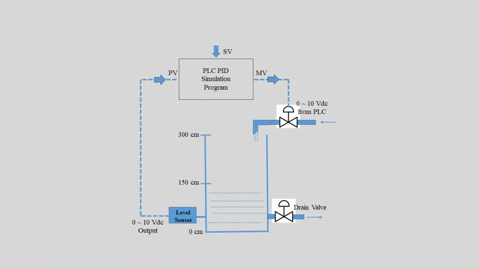In this video, we will create a PID program to control the liquid level of a tank of 300 cm height. The tank is equipped with a level measuring sensor which measures the tank height from 0 to 300 cm and makes a 0 to 10 volt DC signal, and a control valve which opens from 0 to 100% depending on the voltage signal from 0 to 10 volt DC.